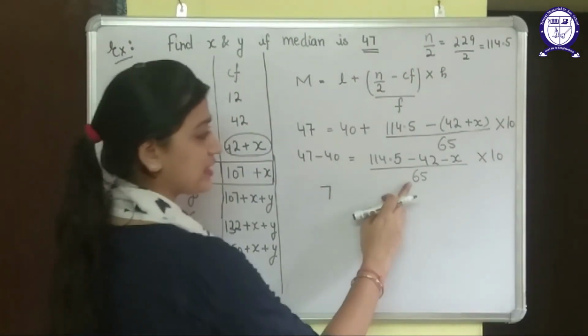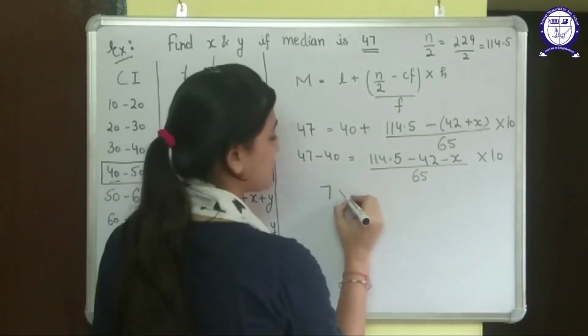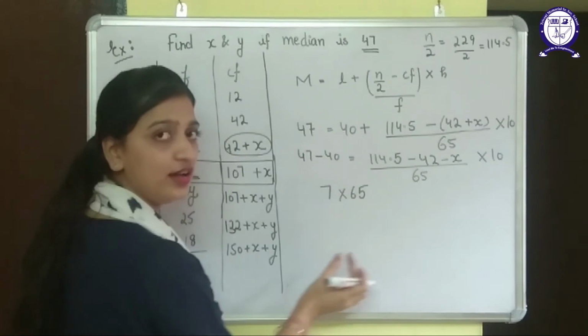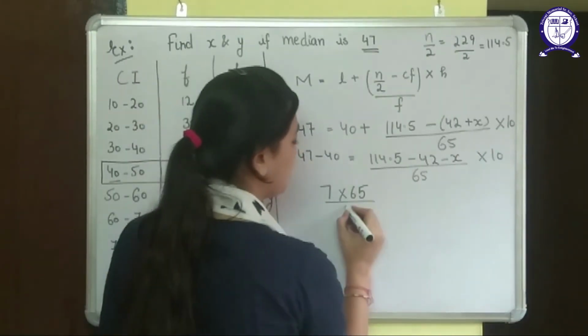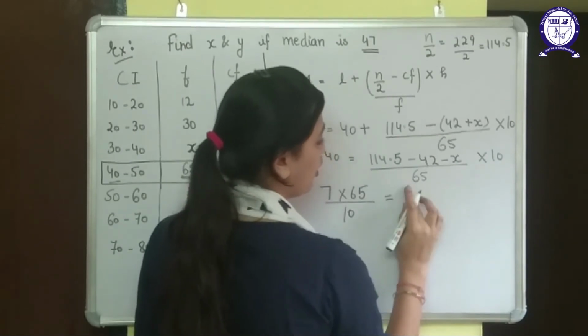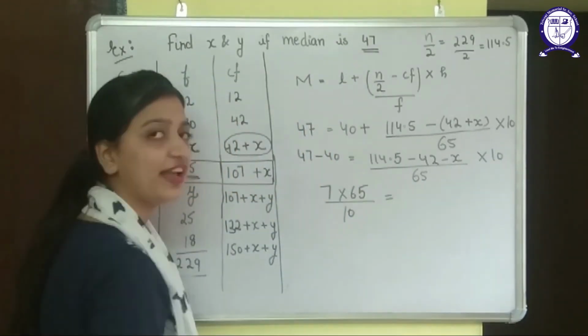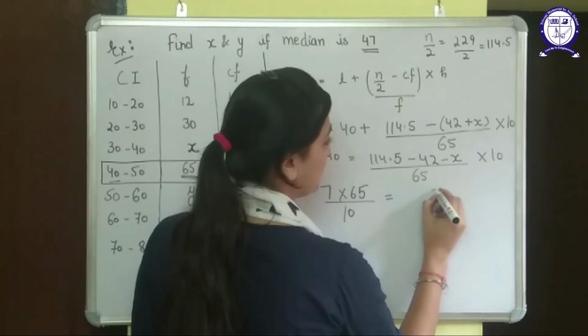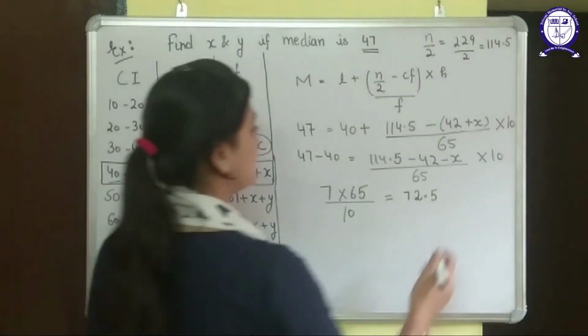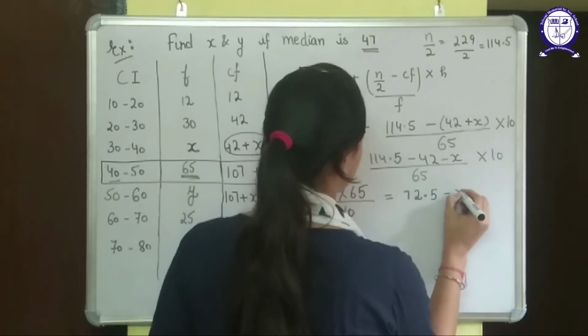I can take this 65 on the other side, that is into 65. This 10 will come in the division. It will be 10 equals 114.5 minus 42. It will be 72.5 minus x.